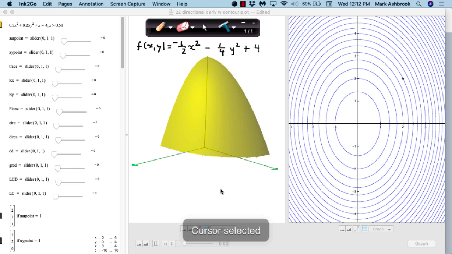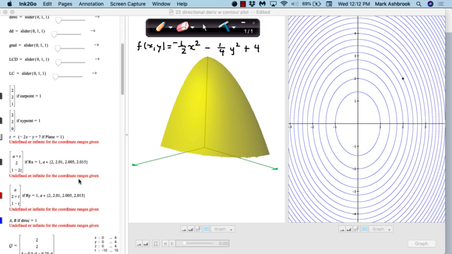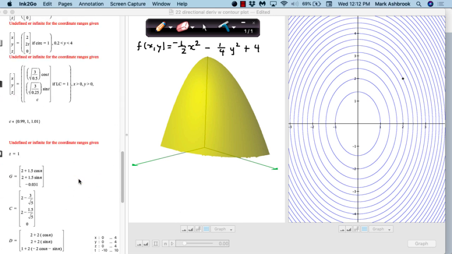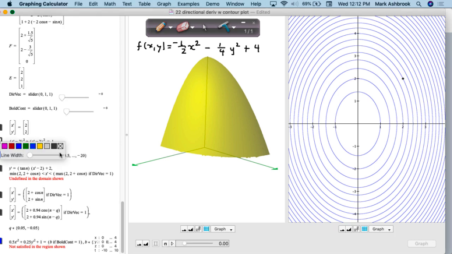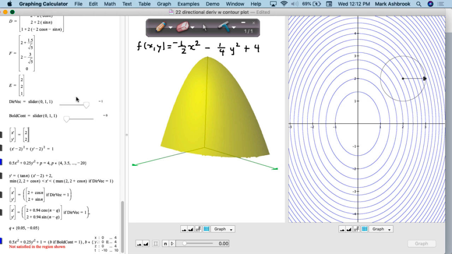If we're thinking about directional derivative, then here in the xy plane, we're considering a circle around our point.